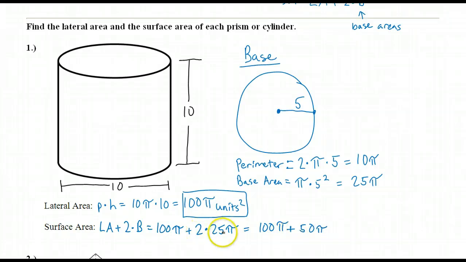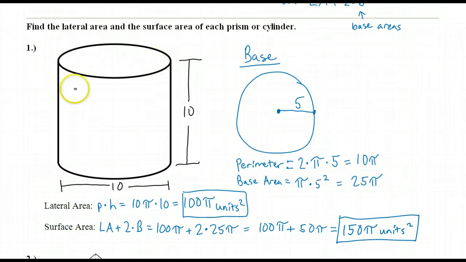I just took 2 times 25 pi. I can add my pi's, they're like terms, 150 pi. And that also is going to be in units squared. So the surface area, the area of all the faces of this shape, is 150 pi units squared.